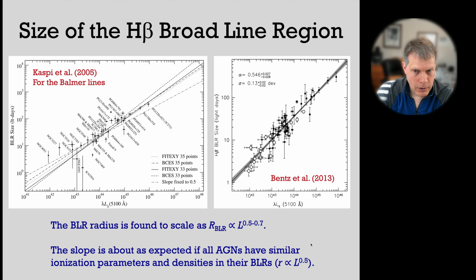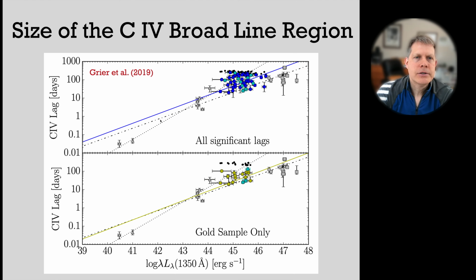So that's H beta. Here is the similar plot, in this case for carbon 4. Here you have the carbon 4 lag for all significant lags measured, and then for a sample with very high quality measured lags in this bottom panel, spanning a very broad range of luminosities, coming from multiple different experiments combined together.